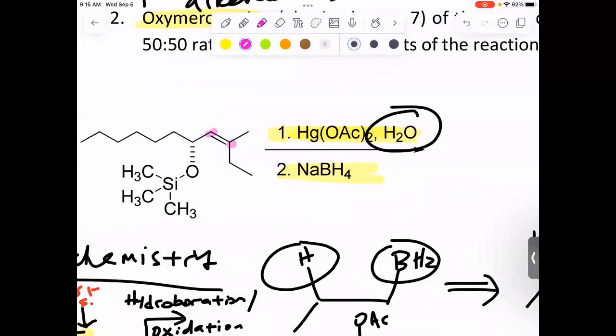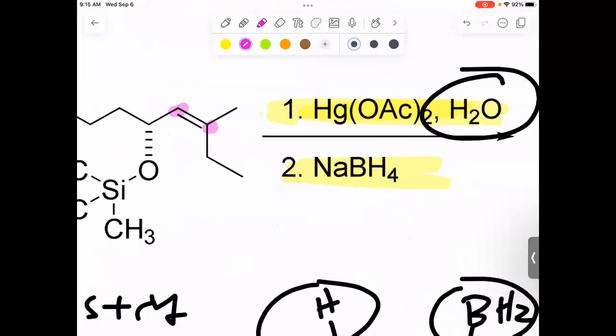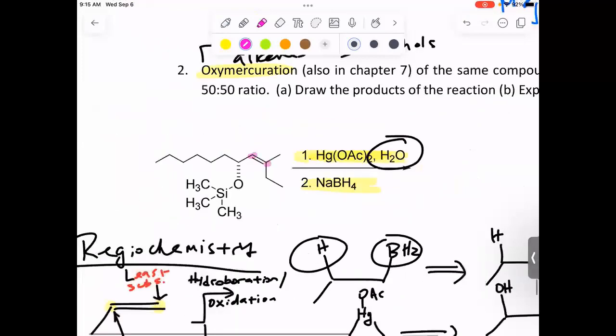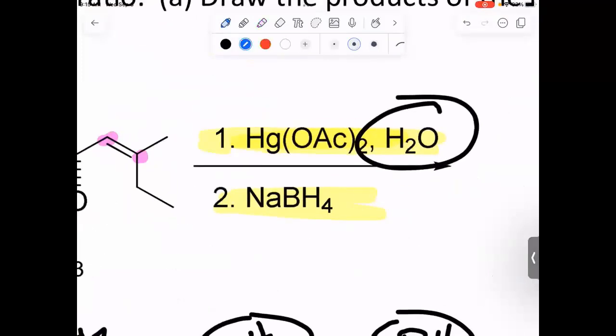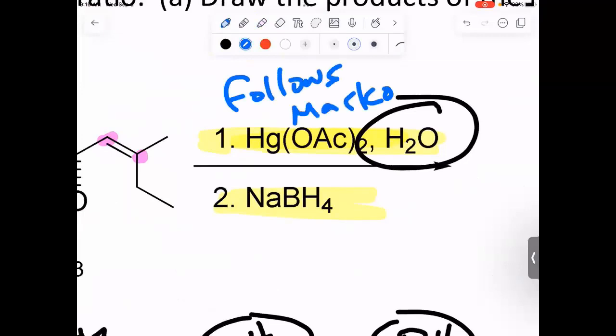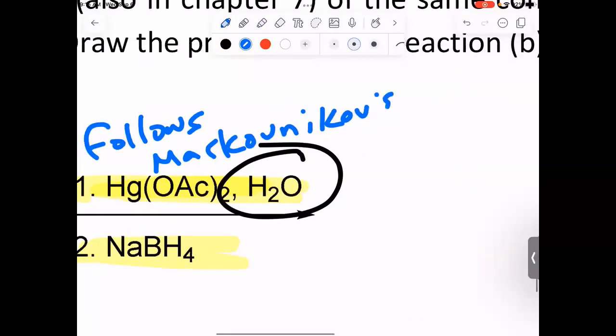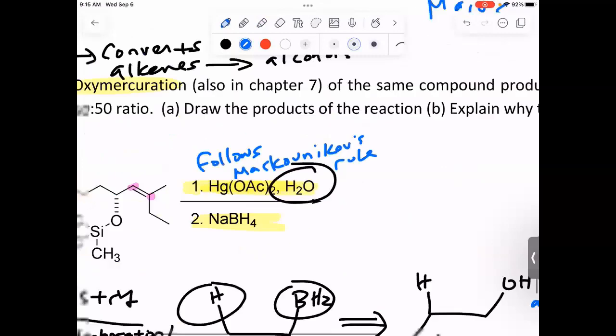Which carbon is more substituted? The one on the right. Good, good. And we know that oxymercuration is going to follow Markovnikov's rule. Right?